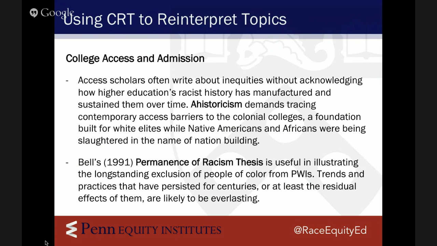So the ahistoricism function and tenet of CRT demands tracing contemporary access barriers to the colonial colleges. For example, a foundation built for white elites while Native Americans and Africans were being slaughtered in the name of nation building, right?